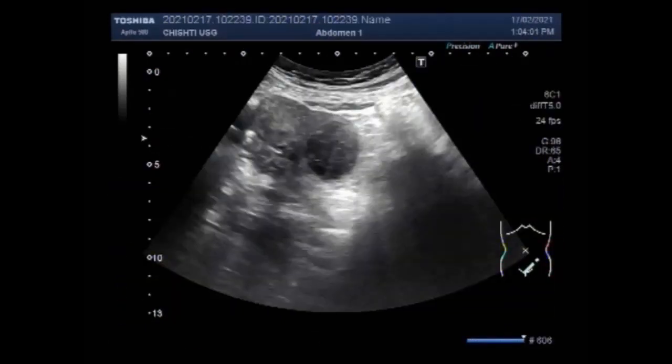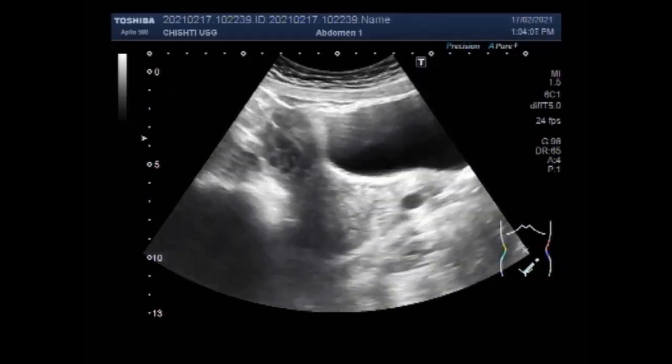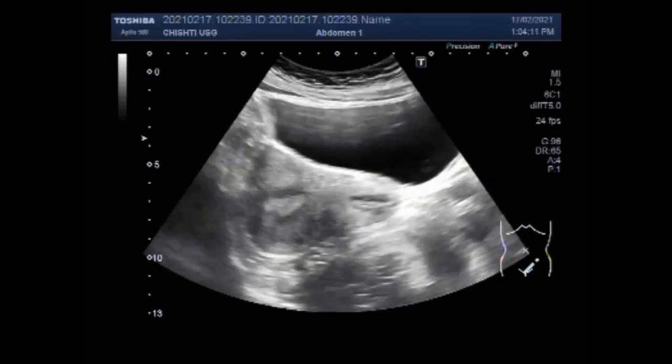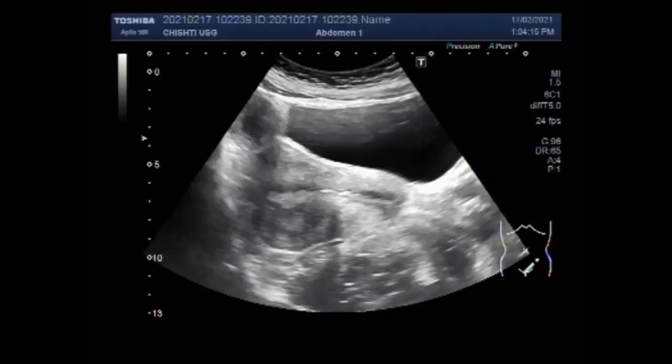Now you are going to see the other video, and it shows an ovarian cyst as well as an ovarian mass, on the left side. You will see the uterus is midline. This is the urinary bladder. This one is the uterus. The endometrium is slightly thickened. This is the cervix.